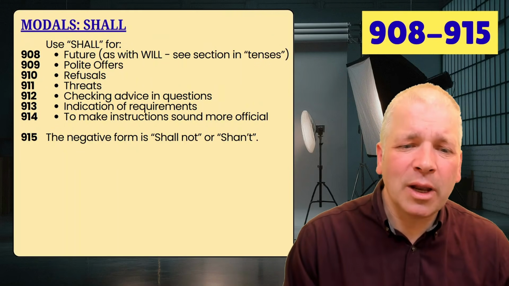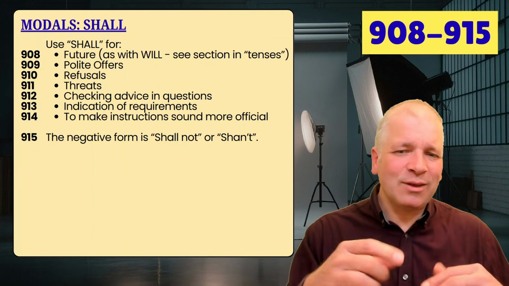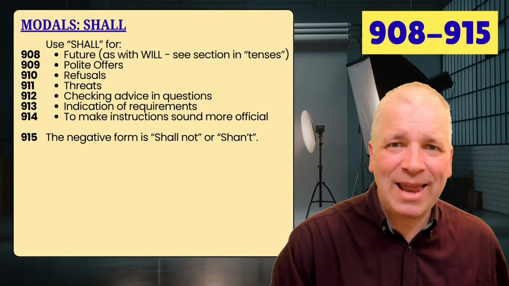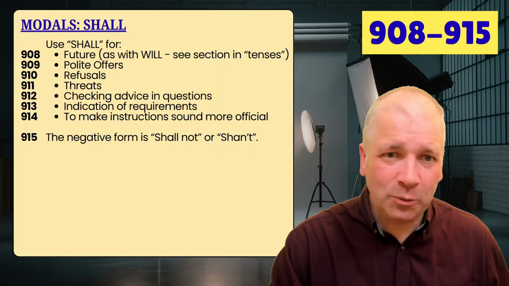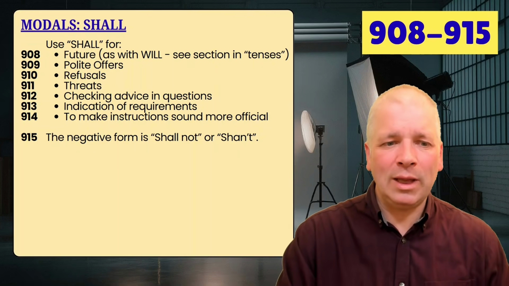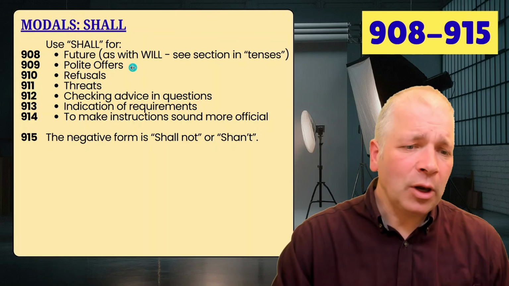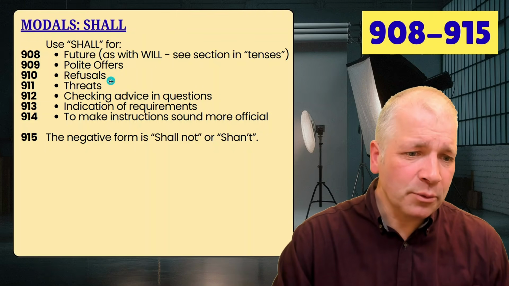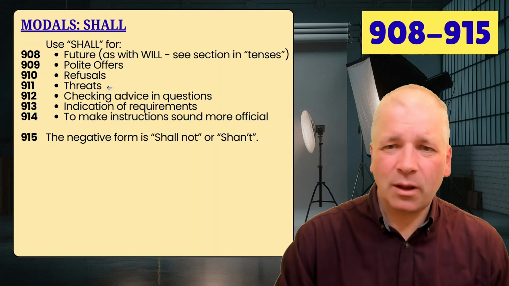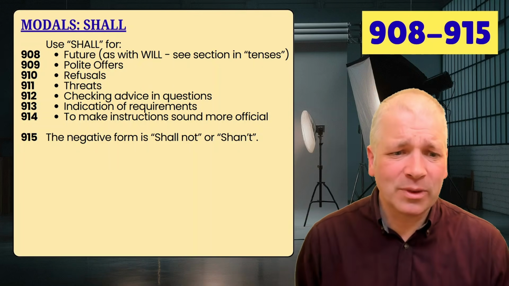Shall is similar to will, and we will look more closely at will in the section on tenses that's coming a bit later. So to avoid duplication, please also bear that in mind when we get to the section on will later. But we use shall for the future, polite offers, refusals, threats. I shall be taking action over this issue.